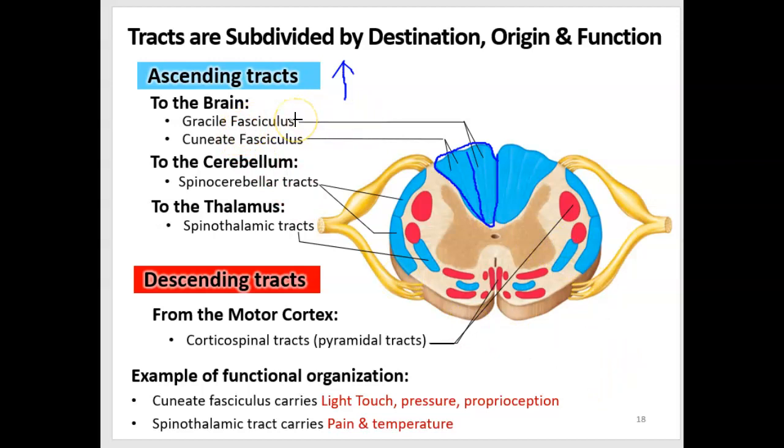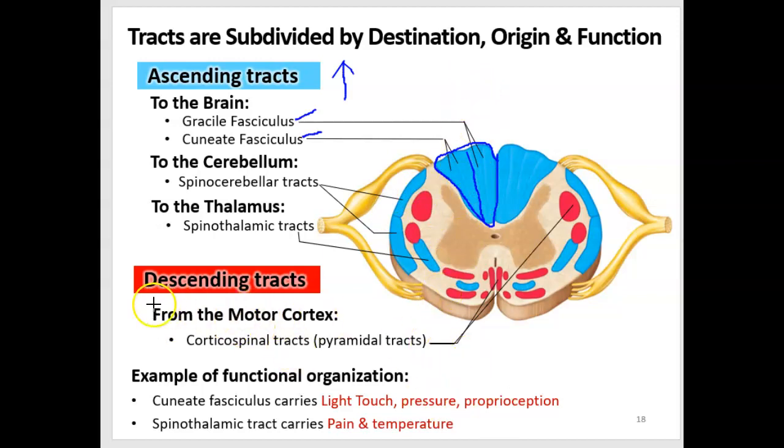The gracile fasciculus tends to carry pain, and it carries some sensory information that's deep touch. The cuneate fasciculus carries light touch, light pressure, and positional information, where your limbs are in space. So that's two different tracts of information going up to the cerebrum.